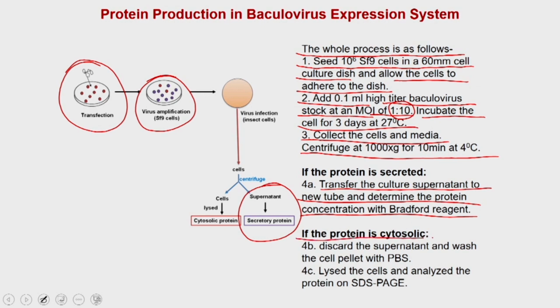If the protein is cytosolic in nature, then you can recover the insect cells and lyse these cells by using different lysis methods, and that is going to give you the cytosolic protein. So, if the protein is cytosolic in nature, discard the supernatant and wash the cell pellet with PBS, then lyse the cells and analyze the protein on SDS-PAGE.